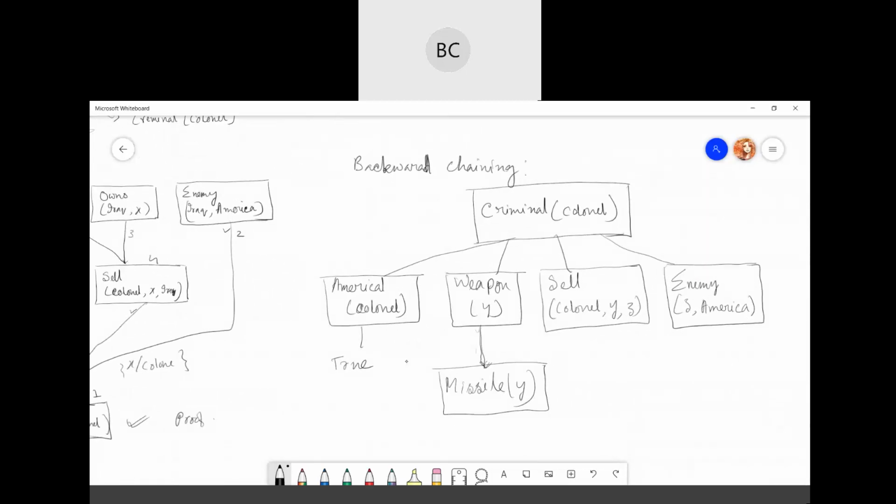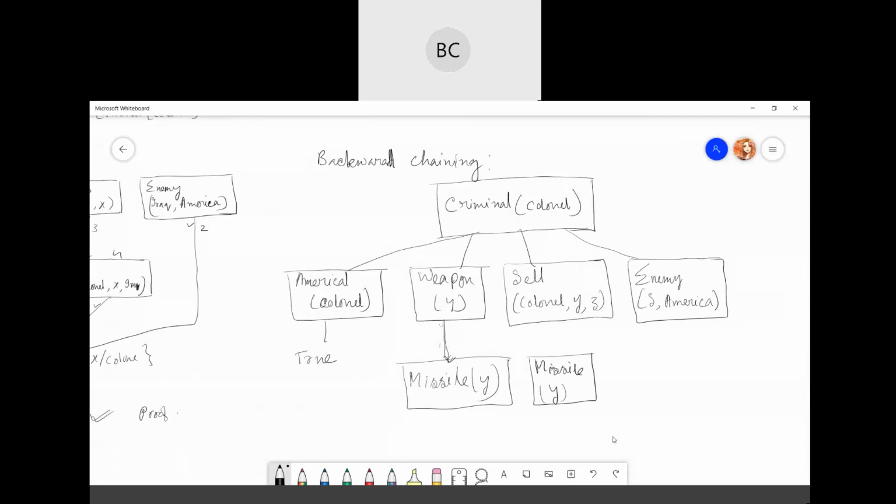One thing I can write: missile Y, take the same variable. Then I had owns Iraq X, right?